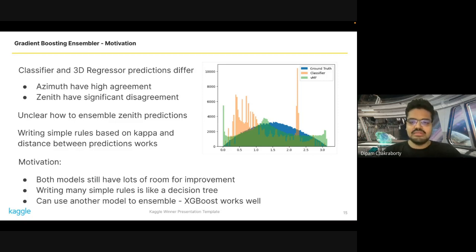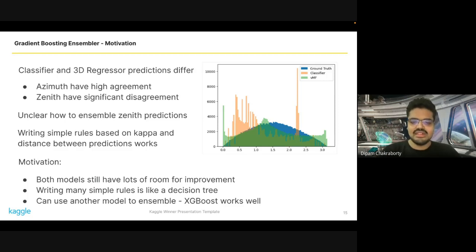So I thought, okay, we can maybe try other ways to ensemble. I was writing some simple rules about, okay, if the predictions of the classifier are too biased, towards the top side, or maybe around here, then maybe I want to give lower priority to those values. I was writing some of those rules, and they seemed to improve the scores.